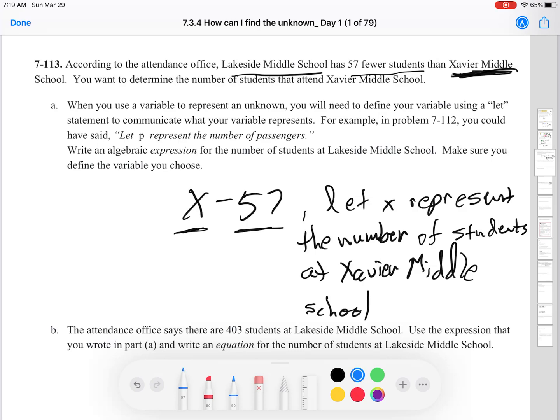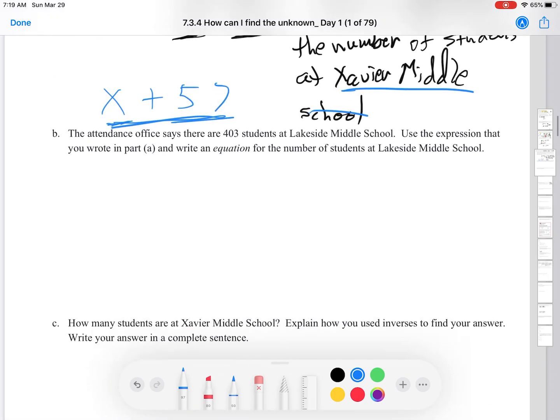Very often, kids will do something like x plus 57 because they think Xavier plus the 57 is Lakeside. It's hard to explain, but a lot of students will flip those around and do a plus on there. But if you define x to be Xavier Middle School, that will help.